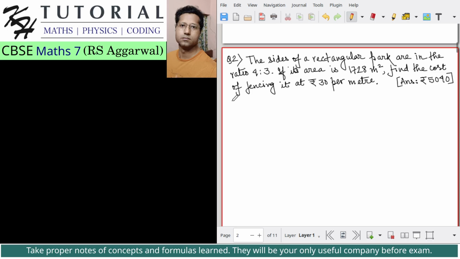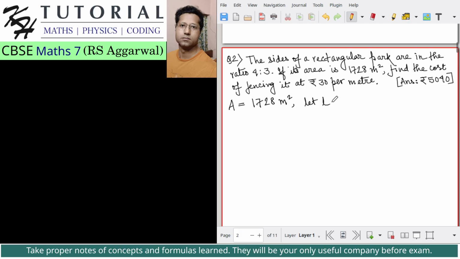We are given the area to be 1728 meter square, and the ratio of the sides is given. So based on the concept of ratio and proportion, which you have already studied in your previous chapters, since the ratio is given 4:3, the part 4 corresponds to the length.